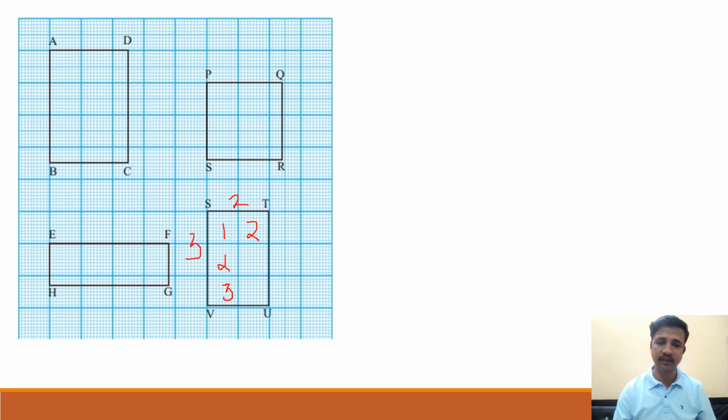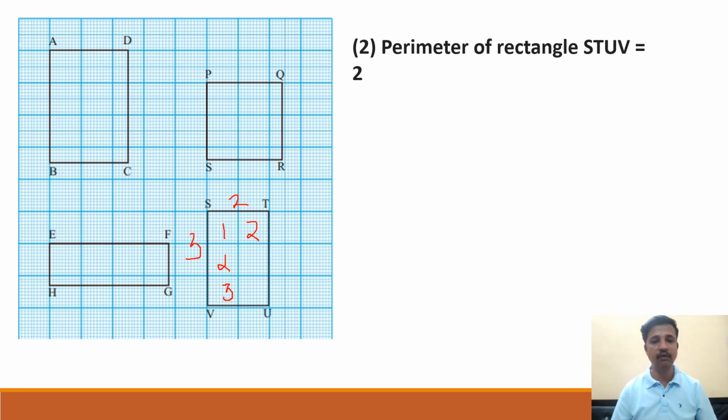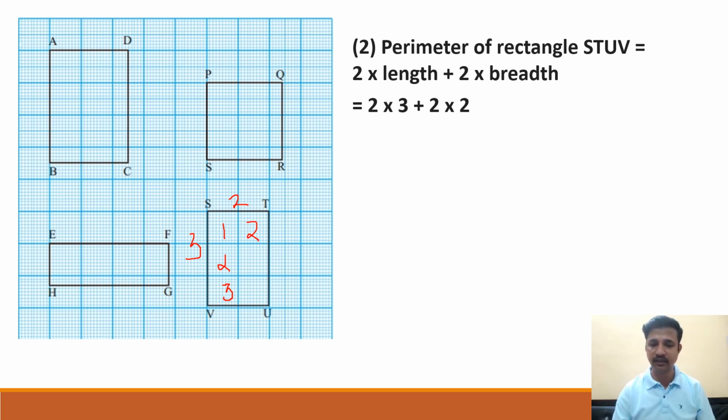So this is a rectangle. Our formula, formula क्या है? Perimeter of rectangle equals 2 multiply length plus 2 multiply breadth. This is rectangle STUV. Okay, so put the value: 2 multiply 3 plus 2 multiply 2. 2 multiply 3 is 6. Correct. 2 multiply 2 is 4.